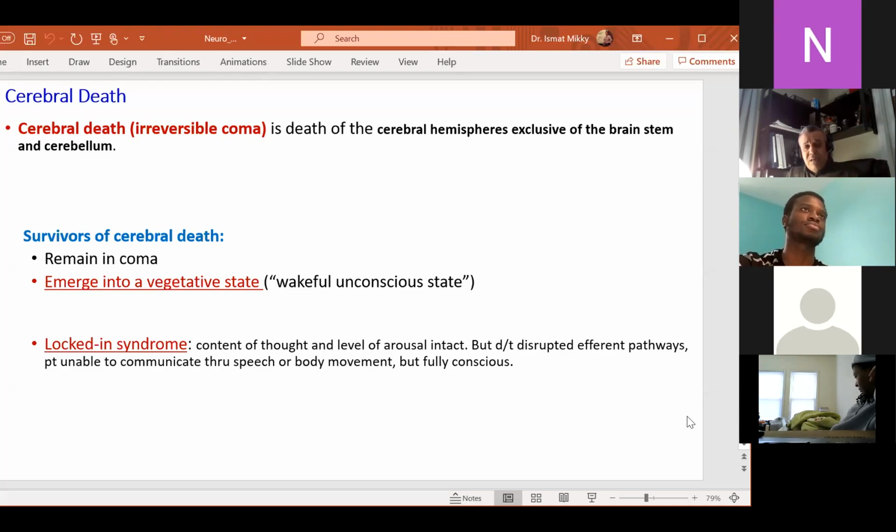They will maintain breathing and blood pressure patterns, and they will not be on mechanical support, because they can sustain their own breathing and blood pressure mechanisms. Locked-in syndrome is described here as when the content of thought and level of arousal are intact, but because of a problem with the efferent pathways, output is completely disrupted.